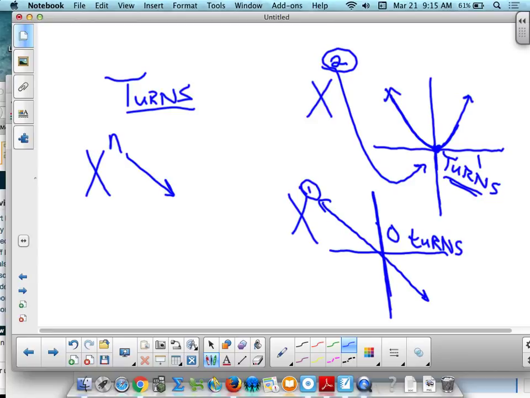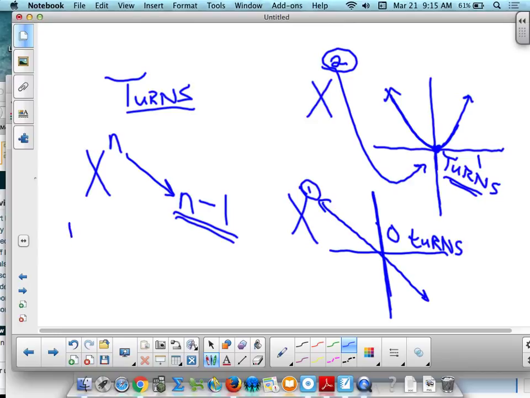What is this going to be? Good point. N minus 1. That's all it is. Whatever number this is, I don't care what number that is, just take away 1, and that's how many turns you make. N minus 1. So how many turns is it? We don't know, because we don't know this number.